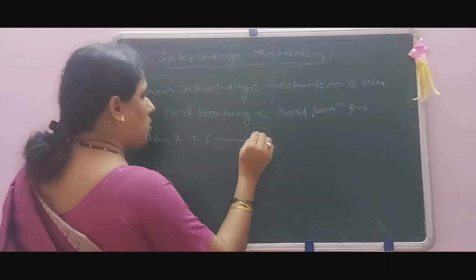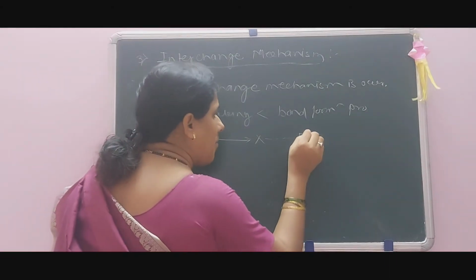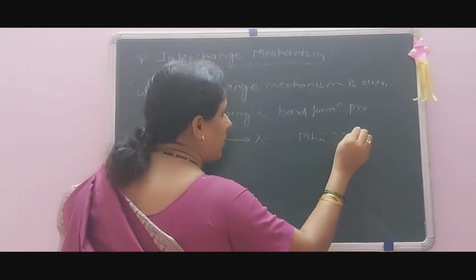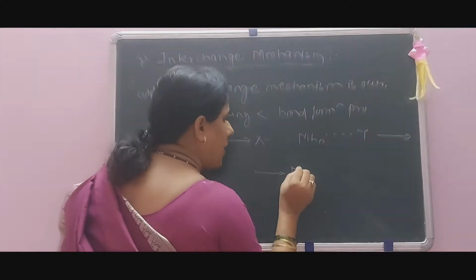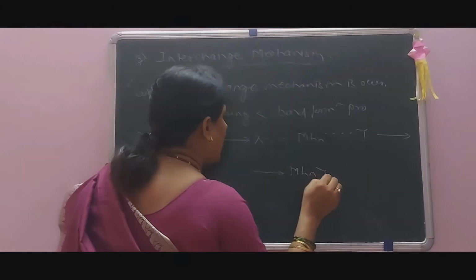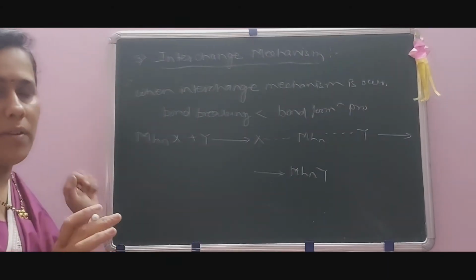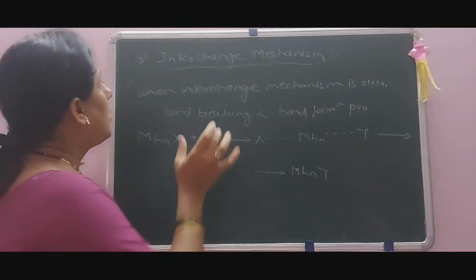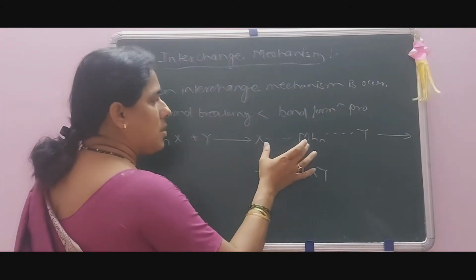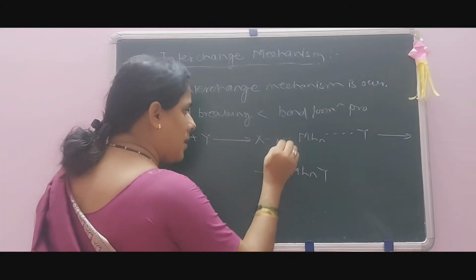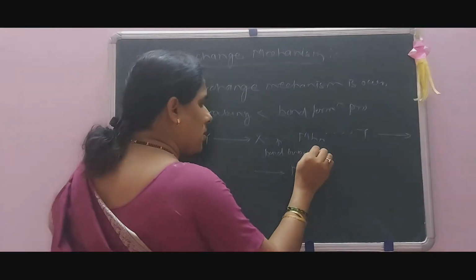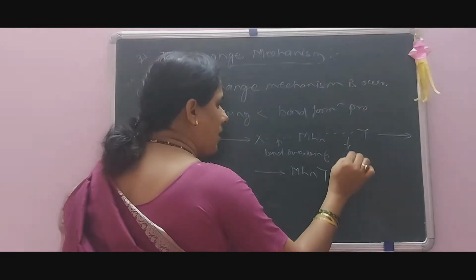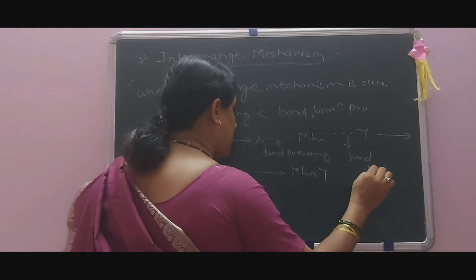Here there is formation of the M ln dotted to this Y, and the formation of M ln Y. At the same time, in the interchange mechanism, this is a bond breaking process and this is a bond formation process.